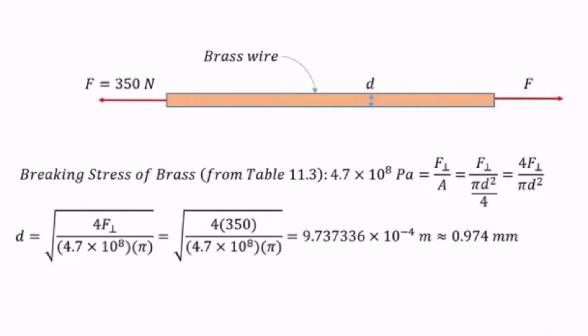Plugging it into our formula, pi r squared, we would get an area of d squared pi over 4. Now, all we have to do is to isolate d to get the value of 9.7373 times 10 raised to the negative 4 meter, which is equivalent to 0.974 millimeter.